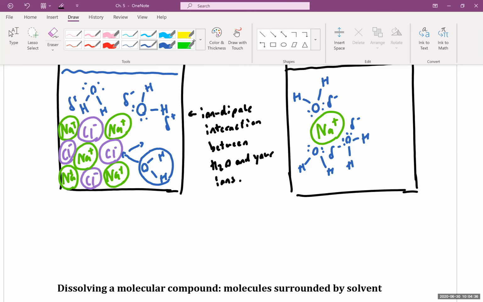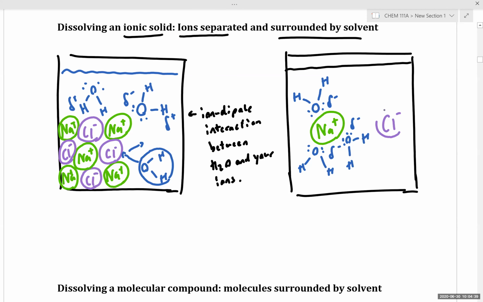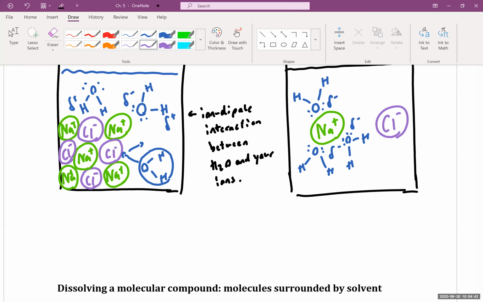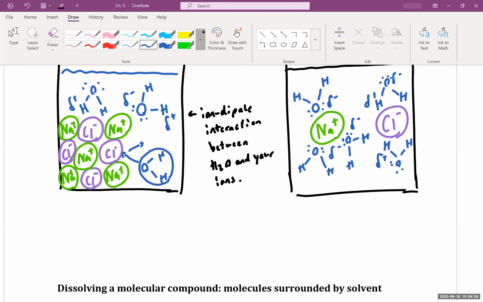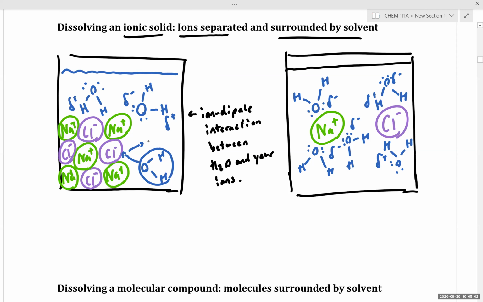While for our anion, chloride, the hydrogen end of water will point towards chloride. Now, you may say, what is the point of this discussion? Well, the key feature, yep, hydrogens have a delta positive. They're electron deficient, and this partial positive charge in our dipole interacts with our negatively charged chloride ion.